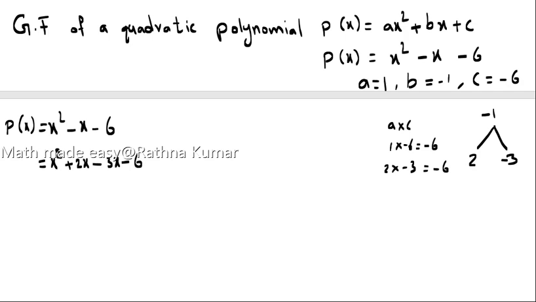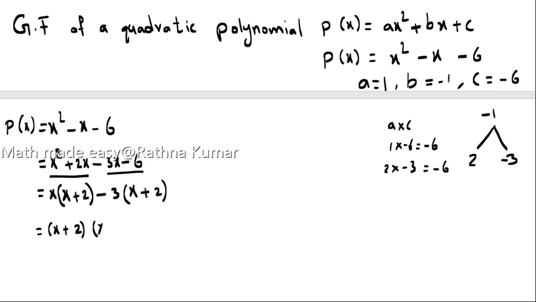From these two we can take x as common, so x plus 2. From these two we can take minus 3 as common, so we'll get x plus 2. Now in both terms you have x plus 2 as a common term, so x plus 2 into x minus 3. These are the factors of p of x, x square minus x minus 6.